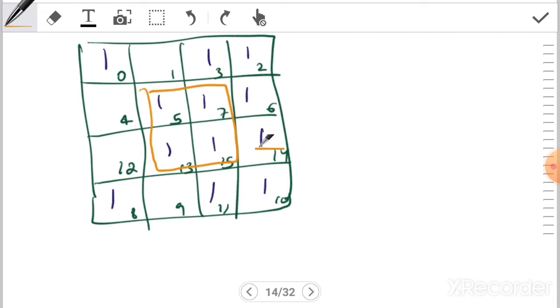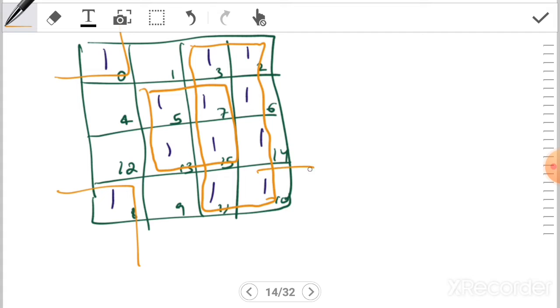Here 2, 4, 6, 8. We can group in the power of 2. So we can group 8 cells. And now these are left. So 1 cell, and group of 4 cells.